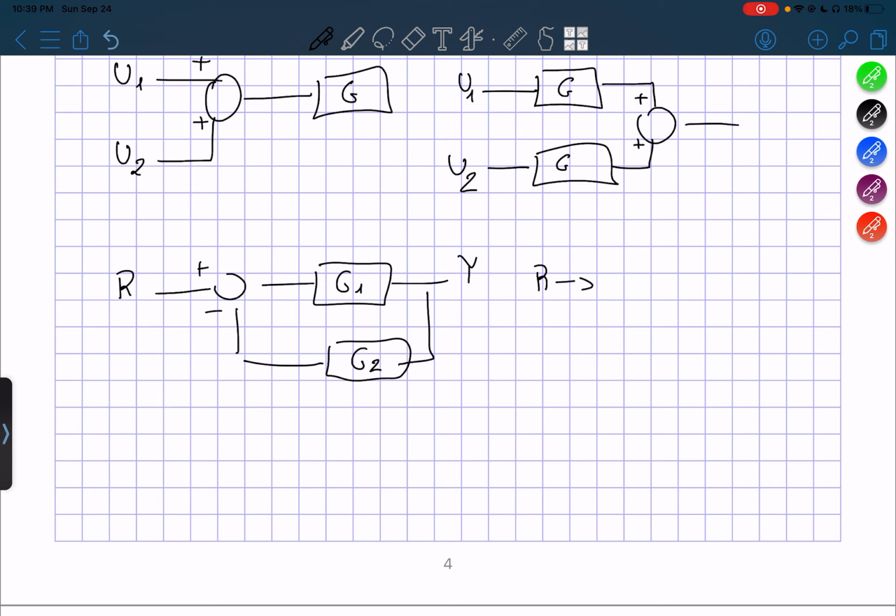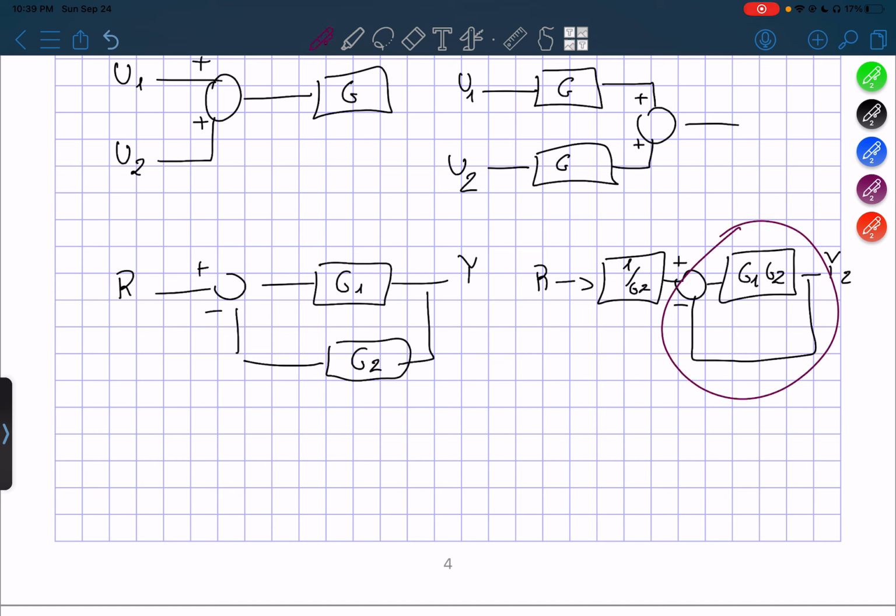So we have r, and then we have 1 over g2, and then we have g1 times g2, and we get our y. As you can see, it follows a straight line up here. But also, we can just break this into two pieces, and say plus and minus here. And as you can see, this becomes an easier way to do it. And of course, we have our r divided by g2 immediately.